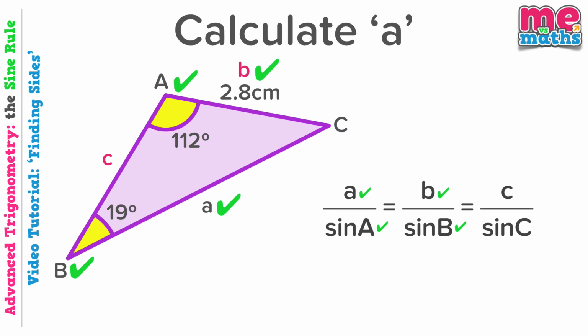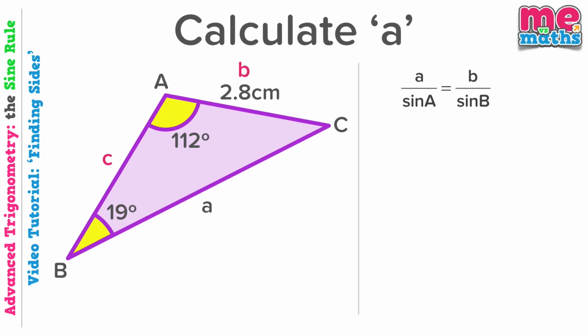If we look at our copy of the sine rule on the right, we can see that we're only interested in two parts of it. As we're not using the C over sine C part, I'm just going to cross it out, leaving me with A over sine A equals B over sine B. Right, we know lots of these parts already, so let's start and substitute in some values.